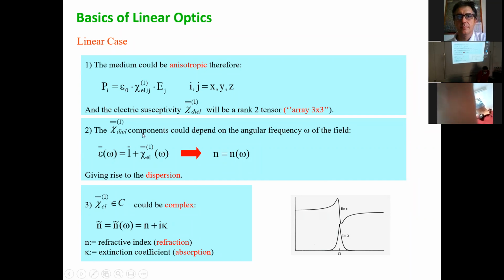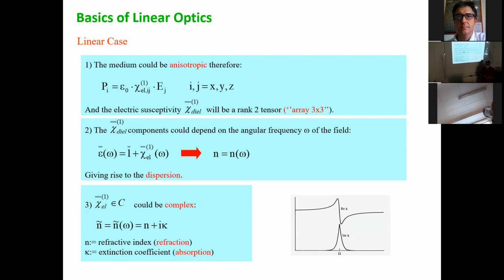The other fact that we discuss in basic physics is that the dielectric susceptibility is not a constant in frequency, but it depends on frequency, and therefore the dielectric constant is generally depending on frequency. That makes the refractive index of the media depend on the frequency of the radiation that you are sending in this medium.